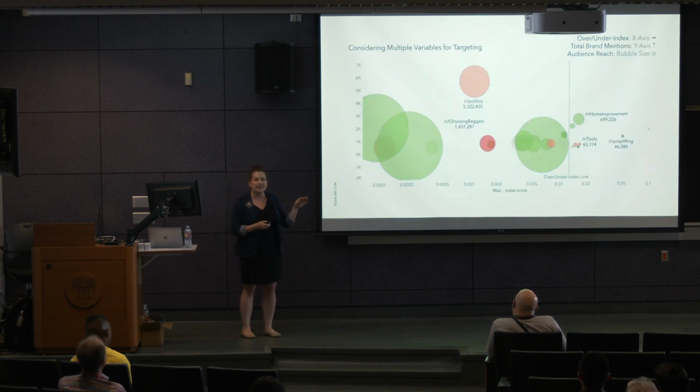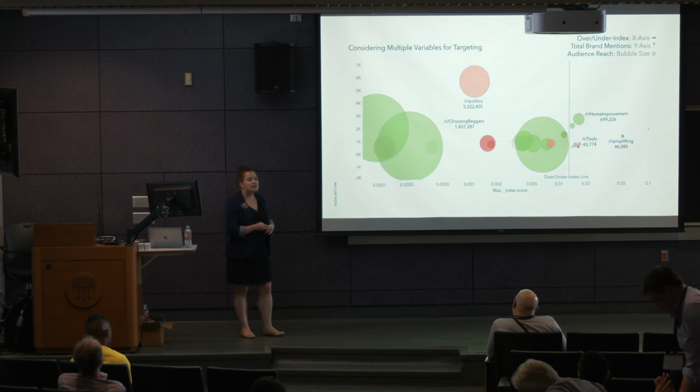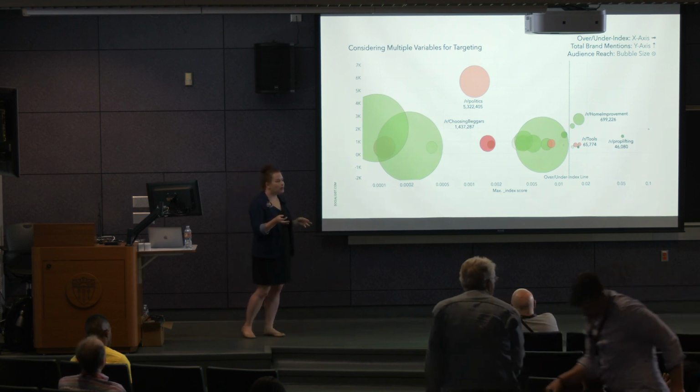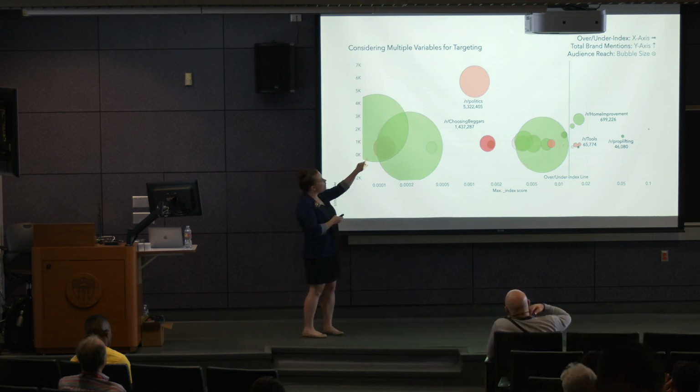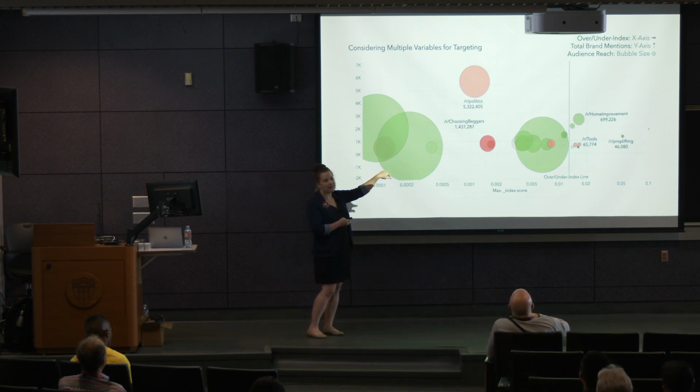This is also reflected in this graph. Basically what we're looking at here are the metrics that we already talked about with an additional layer. We also pulled the sentiment. We had looked at the one example from politics. We ran all of the mentions of Home Depot on politics, and it was mostly negative sentiment.